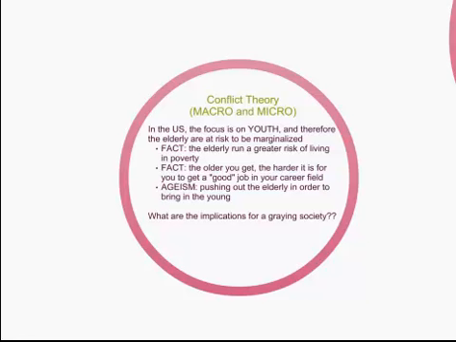So let's talk about some facts here. At the macro level, we know this: the elderly run a greater risk of living in poverty. Now, we do have social service programs in place to try and help combat this idea that the elderly run this greater risk of living in poverty. However, as a fact, we do know that as many elderly people in our society age, problems related to poverty start to crop up.